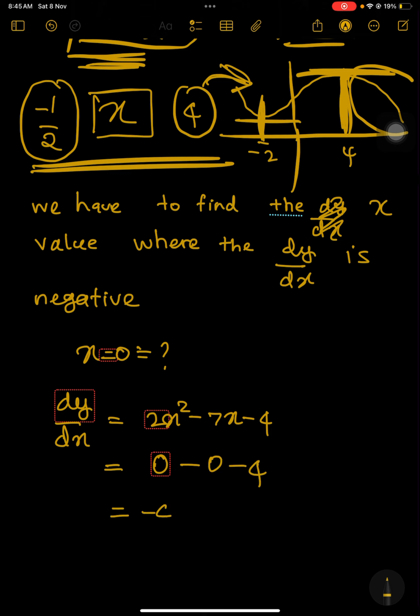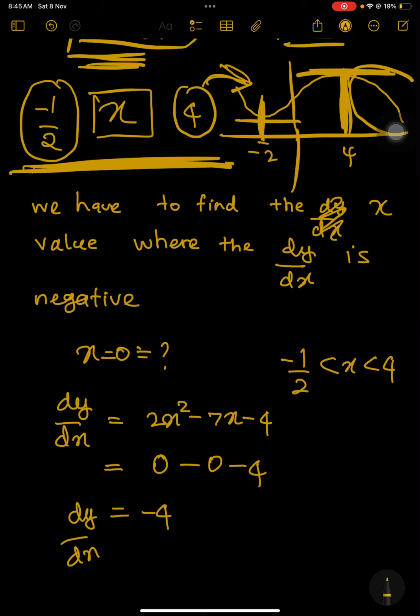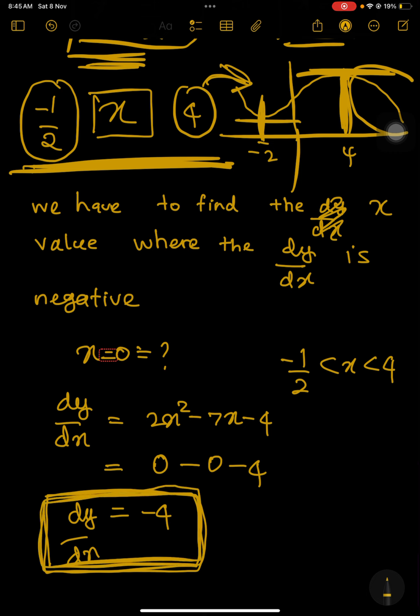So you're getting a minus number, which means when the x value is in between minus half and 4, the slope of the graph is negative, it is the other way around.